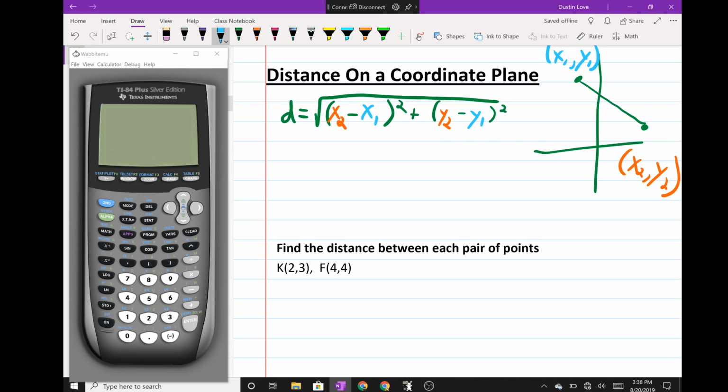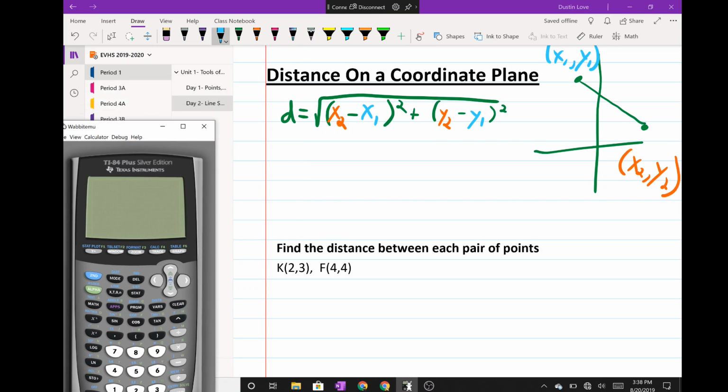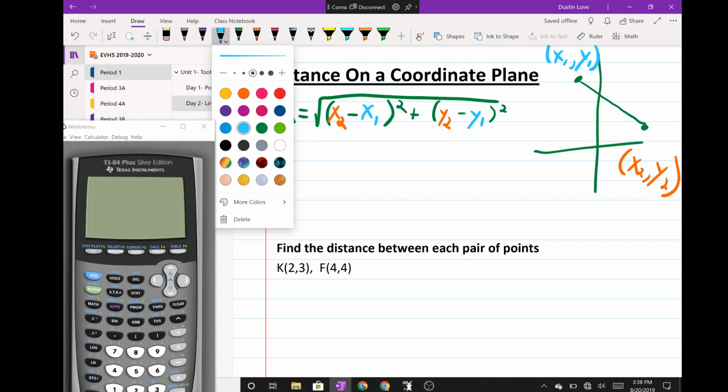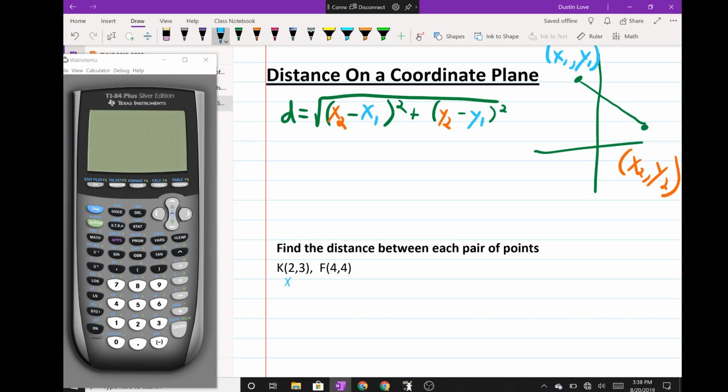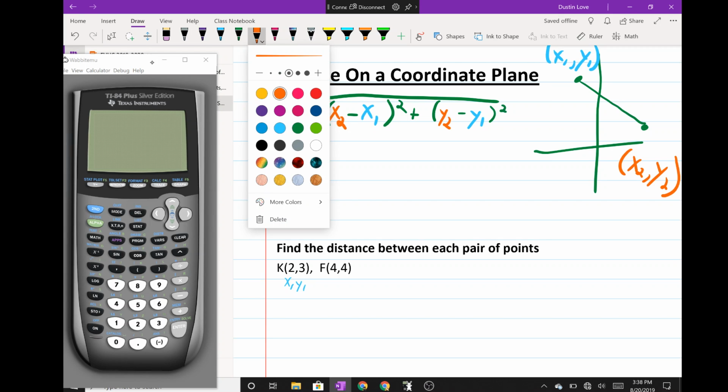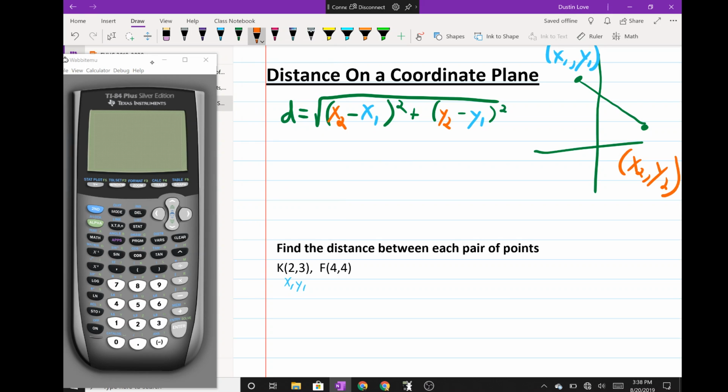So for our first example here, I'm going to go ahead and label these guys. X1, Y1, and then X2, Y2.